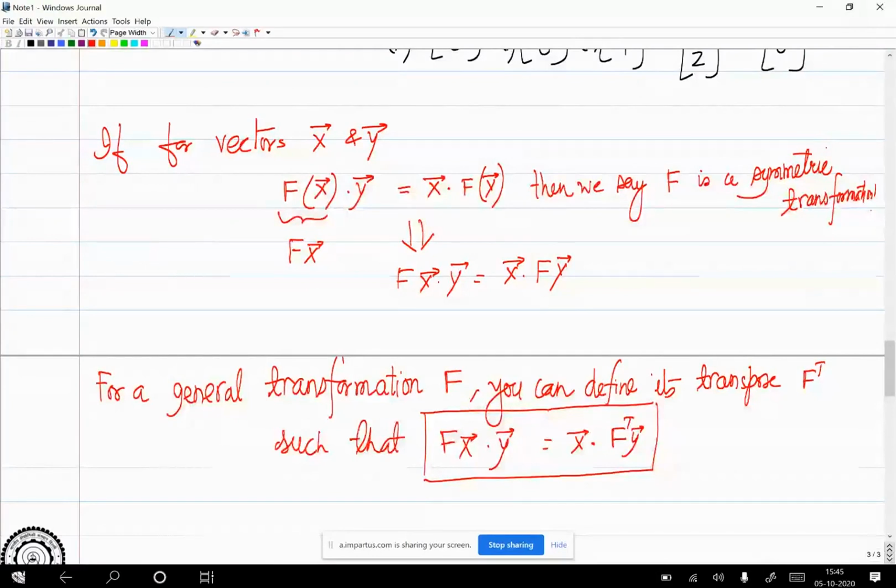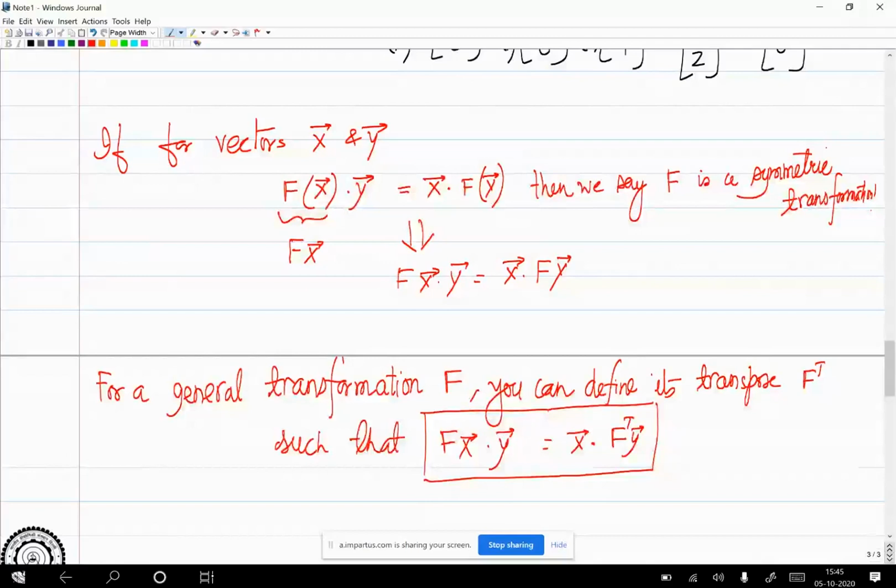But I did not want to specifically say matrix. Why? Because a matrix is just a representation of a linear transformation.